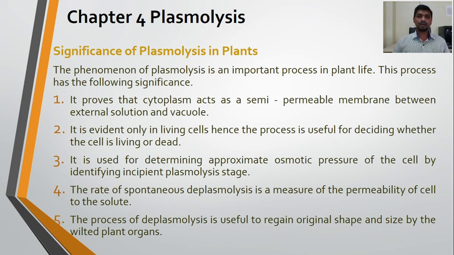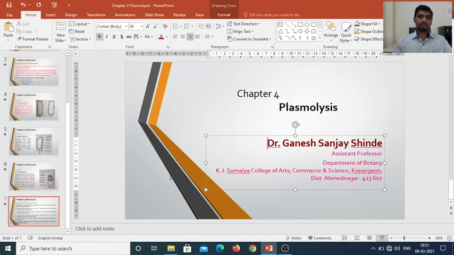The rate of spontaneous deplasmolysis is a measure of the permeability of the cell to the solute. Further, deplasmolysis is useful to regain original shape and size by wilted plant organs. So this is all about plasmolysis. Here we stop. Thank you.